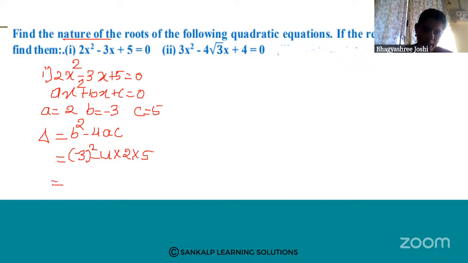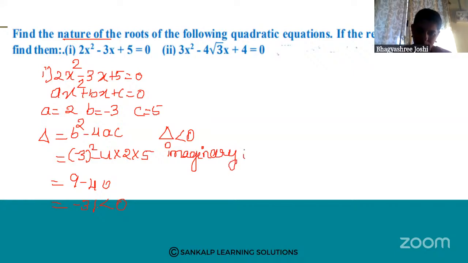Minus 3 whole square is 9, minus 4 into 2 into 5 is 40. So 9 minus 40 is minus 31. So minus 31 is less than 0. If delta is less than 0, then you will have imaginary roots.